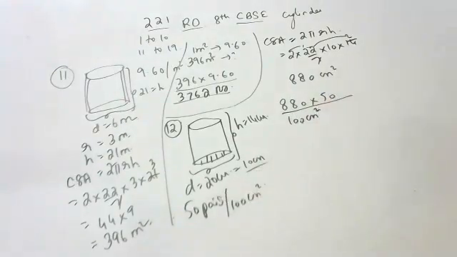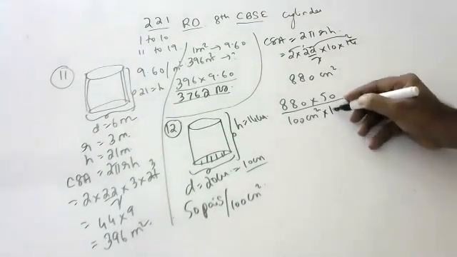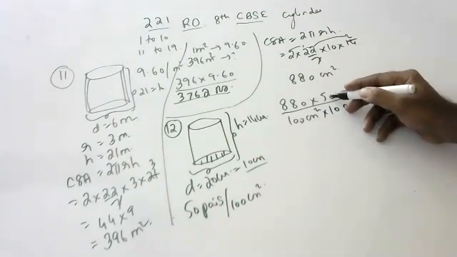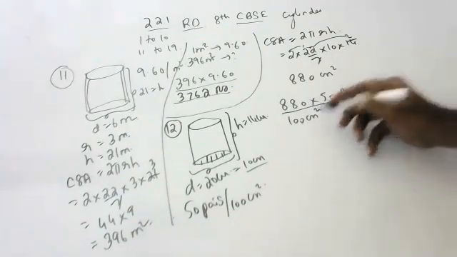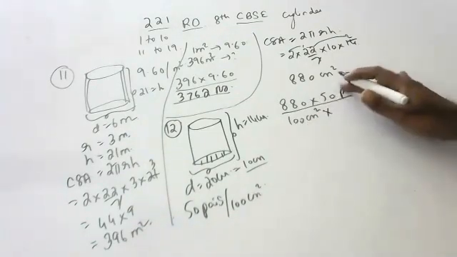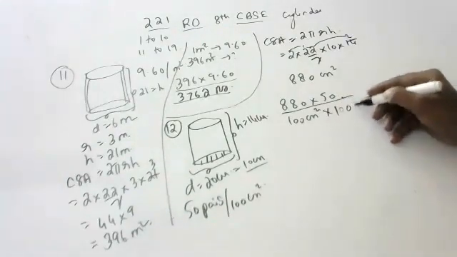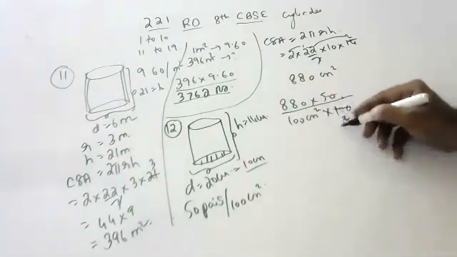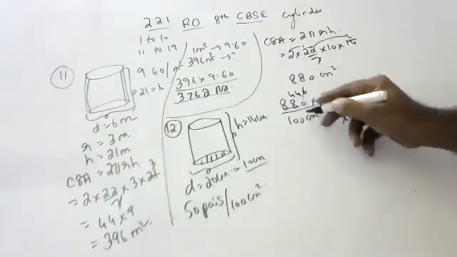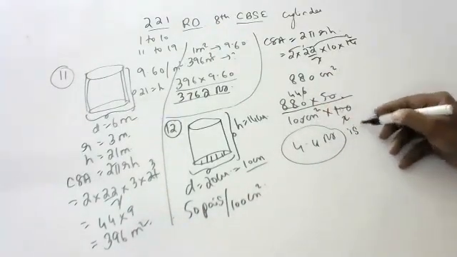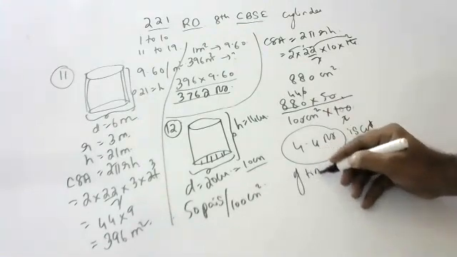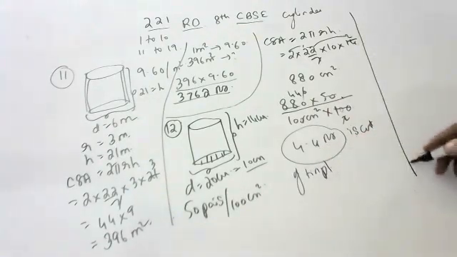If you want to convert 50 paisa into rupees, you divide by 100. Don't get confused here. This is 440, so 4.4 rupees. The cost of tin plating is 4.4 rupees.